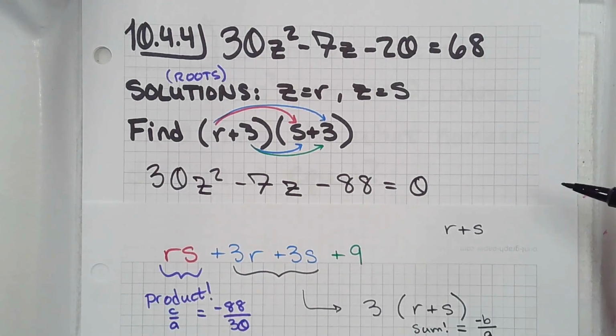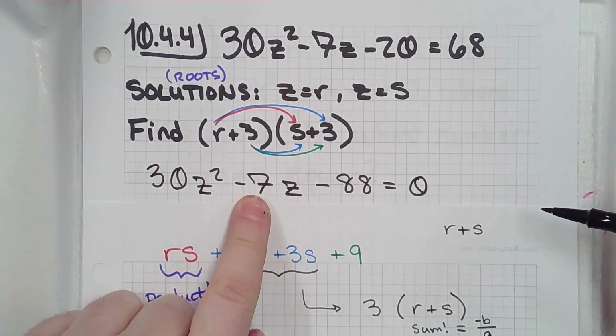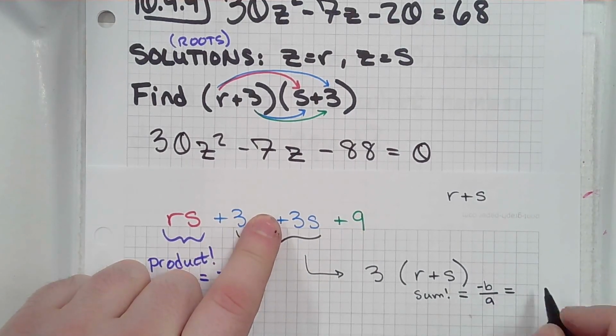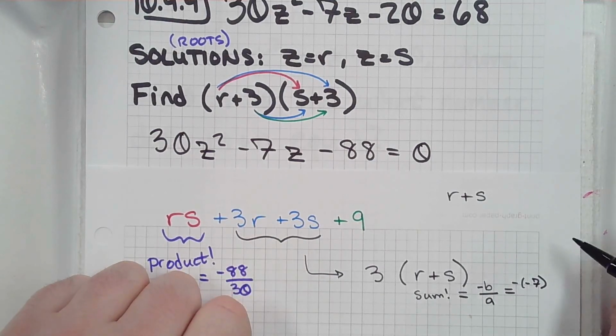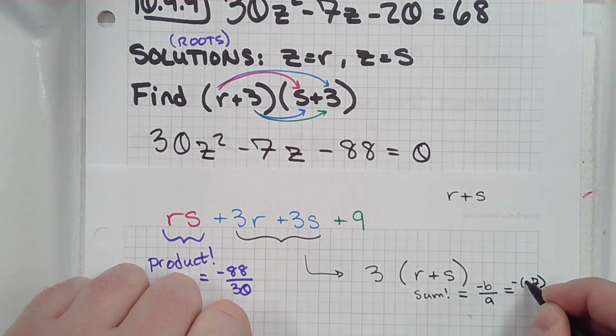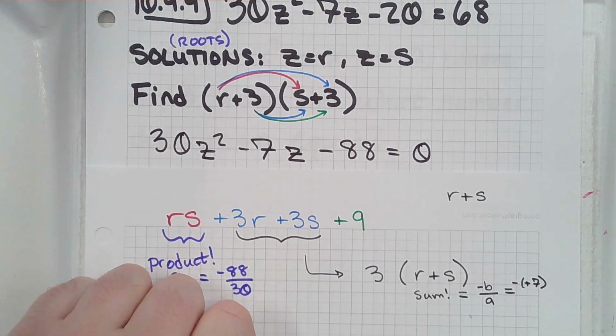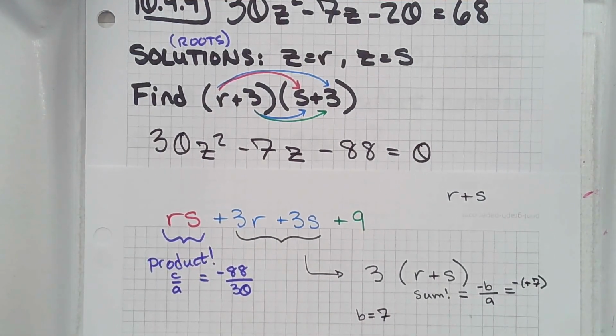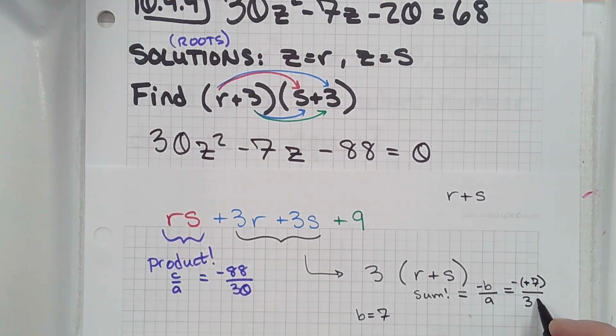Well, the sum of our roots always is going to be negative B, the opposite of B, over A. Well, we know this is negative 7. So that means this, our B value, must be positive 7. Sorry, positive 7. There we go. So B is positive 7. And our A value, of course, is 30, right?